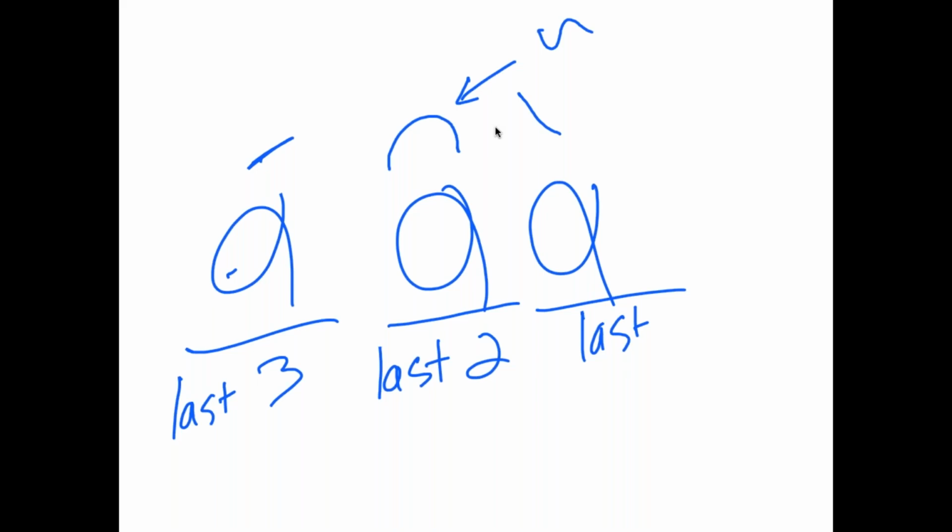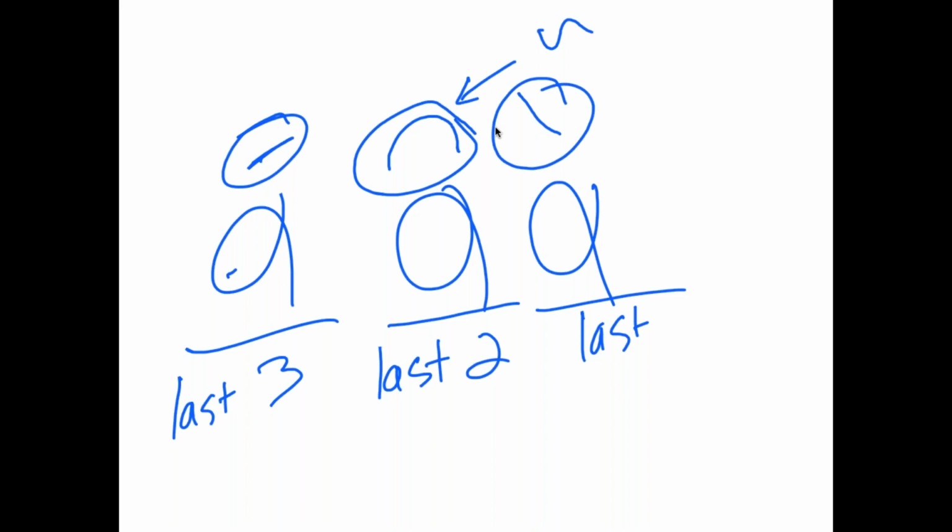In Attic Greek, it matters. In Koine Greek, it does not. If you're curious why there are 3 different ones, it used to be that these had a sound associated with them. So the acute would be a rise in pitch. The circumflex was a rise in pitch followed by a dip in pitch. And the last one, you start at a high pitch and go to a lower pitch.